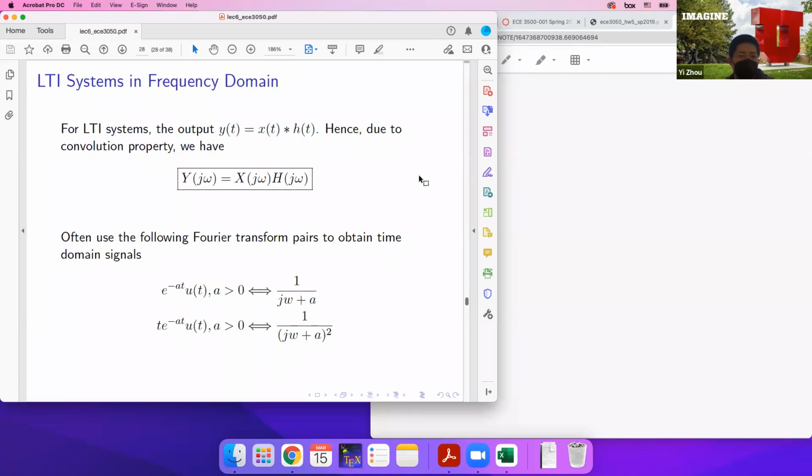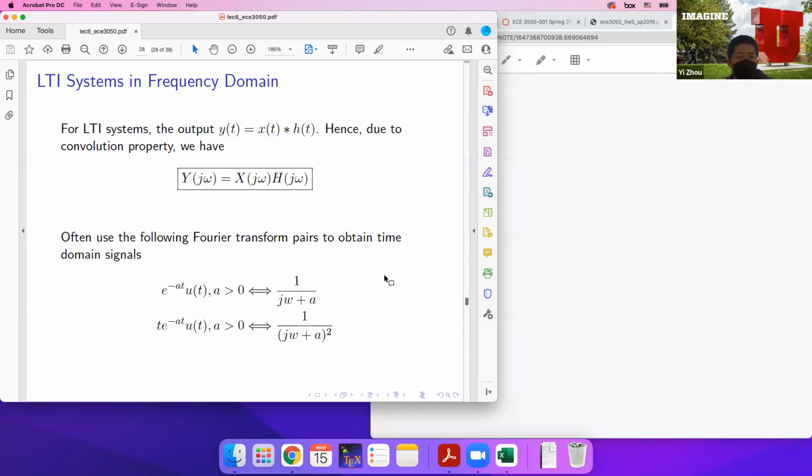And this gives a very fundamental tool to analyze LTI systems. Instead of looking at convolution in the time domain, we can analyze the system equation in the frequency domain. After we figure out the spectrum of the output signal, we just need to do an inverse Fourier transform, and we can get the signal back into the time domain.